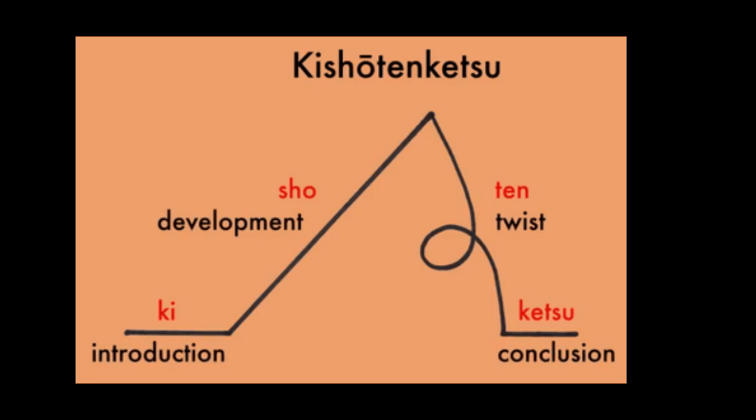I think that's what this is. The word is split into four sections, and that's how the word comes together. Ki is the introduction, sho is the development, ten is the twist, and ketsu is the conclusion.